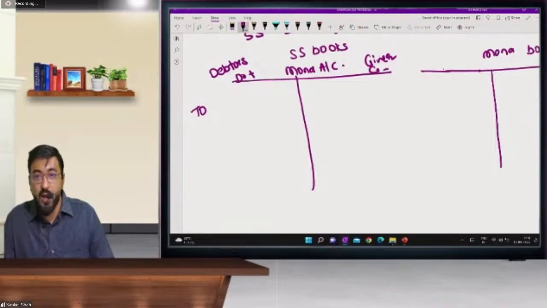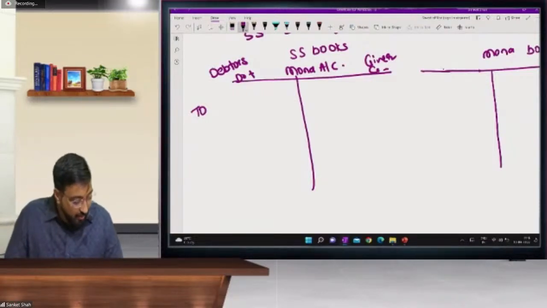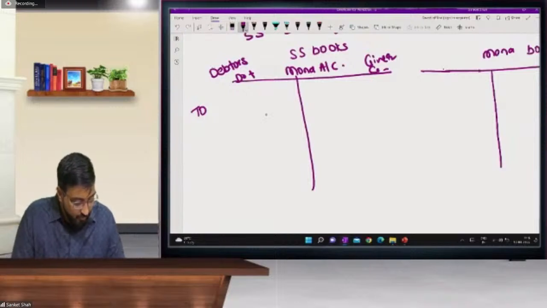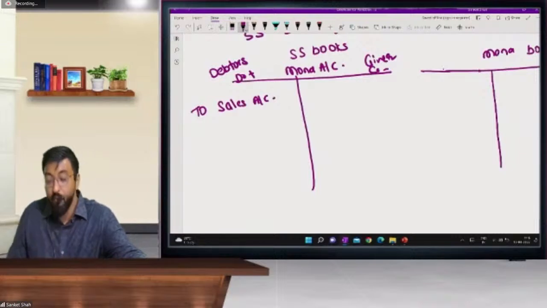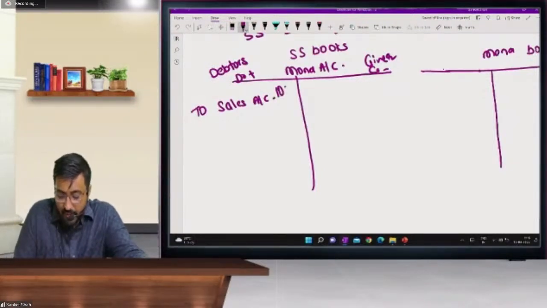So Mona account debit. Okay. So Mona account debit to sales account is the entry. This is assume rupees 1000.